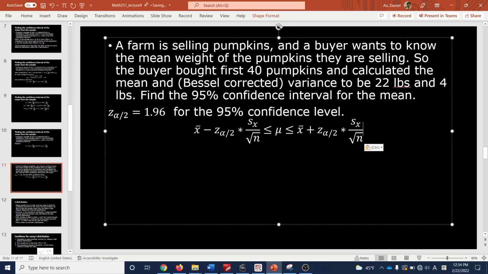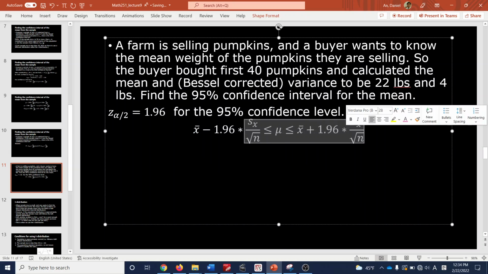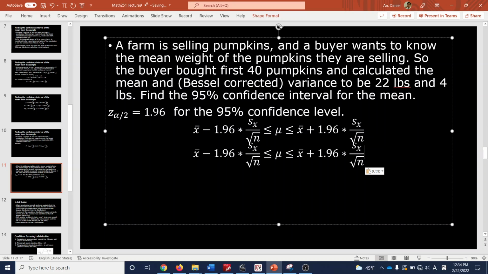In our case, the 95% confidence level gives the z critical value. By the way, this is called the critical value. So the z critical value is 1.96, and I'm going to use 1.96 there. Let's move on. What should we use for x bar?